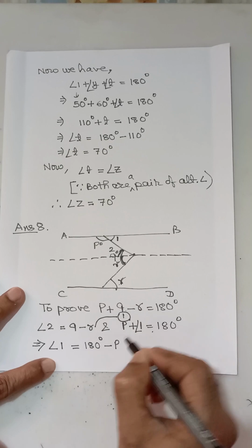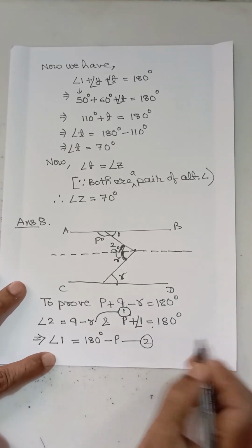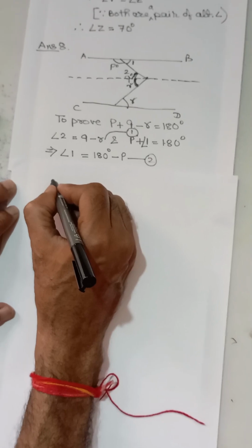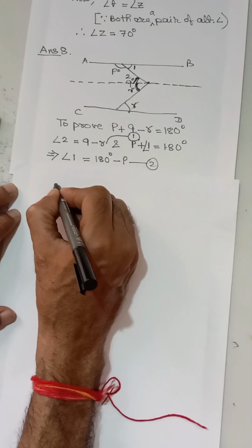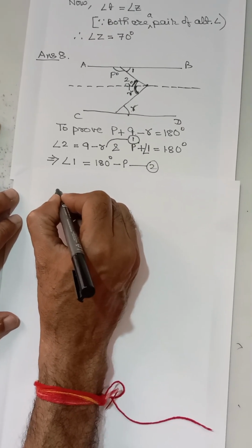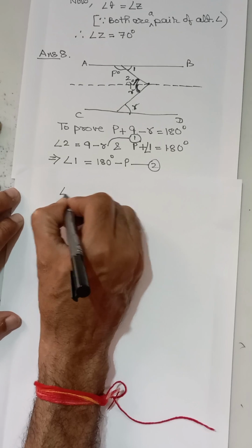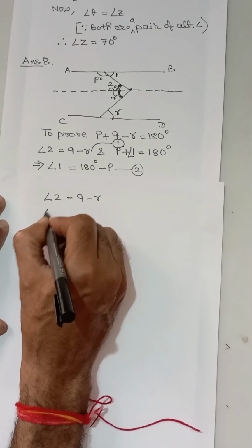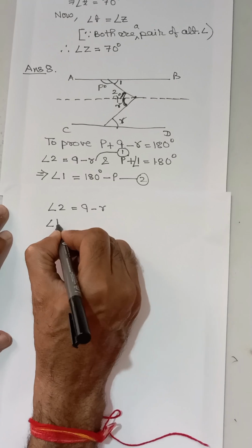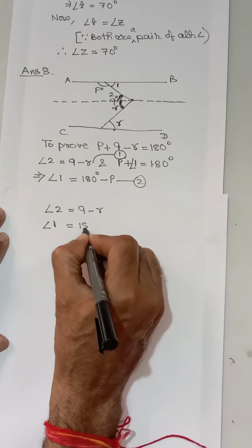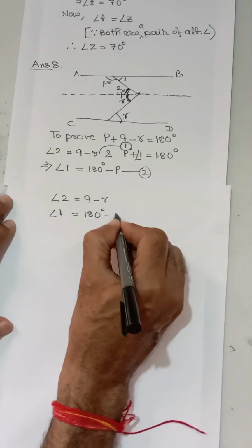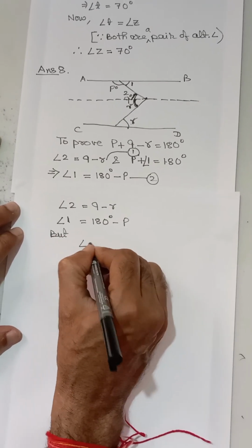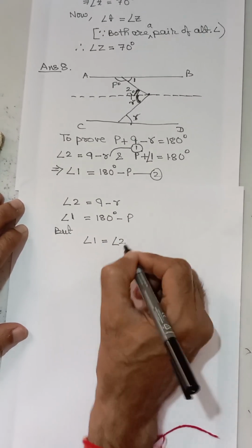This is equation 1 and this is equation 2. Angle 2 is equal to Q minus R and angle 1 is equal to 180 degree minus P. But angle 1 is equal to angle 2.